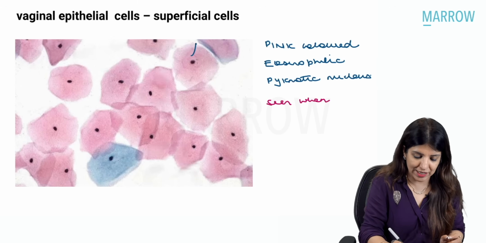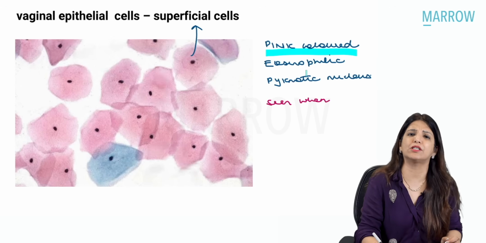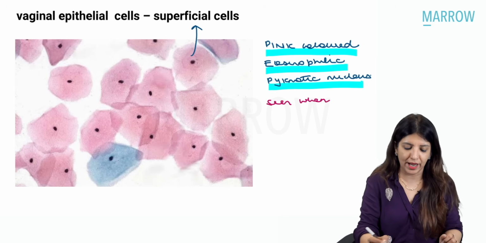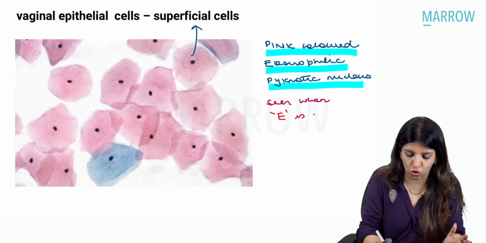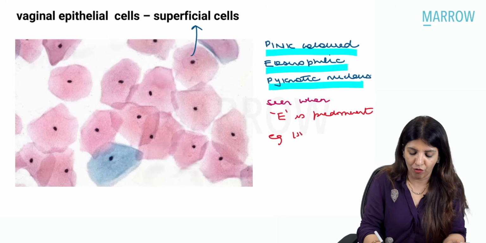Now, superficial cells are pink colored cells. So, whenever you are getting a smear with pink colored cells, these are eosinophilic cells and they have pycnotic nuclei. These superficial cells are seen whenever estrogen is predominant. And when is estrogen predominant? Estrogen is predominant in first half of menstrual cycle.